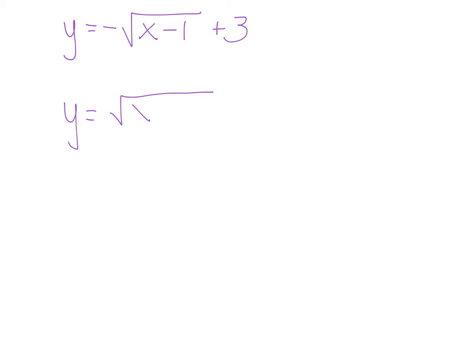Here's what I want you to do. I want you to look at the following equations and tell me just how they are changing. Like left 2 or right 2 or whatever it is. y equals negative square root of x minus 1, plus 3. y equals the square root of x plus 4, minus 1.